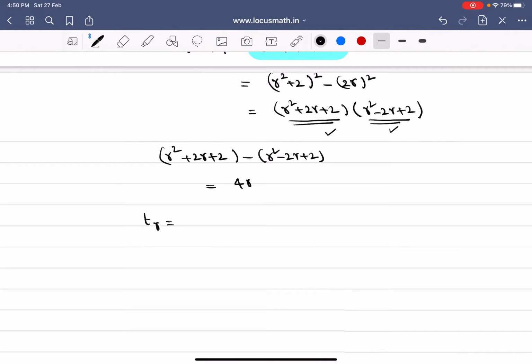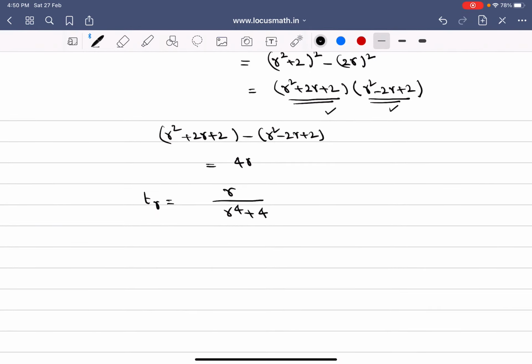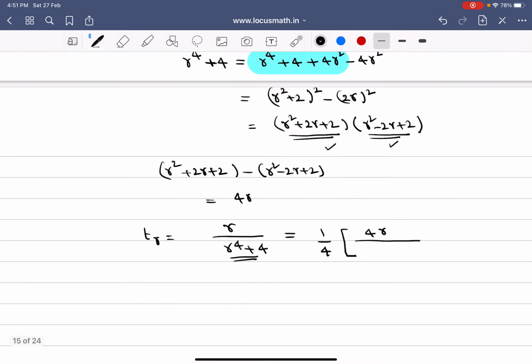Now Tr is equal to r over r power 4 plus 4. Now what you do is multiply and divide by 4. That is 1 by 4 into 4r over, here r power 4 plus 4 can be written as (r square plus 2r plus 2) into (r square minus 2r plus 2).